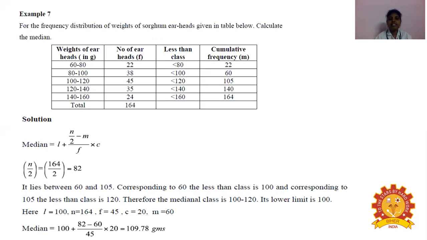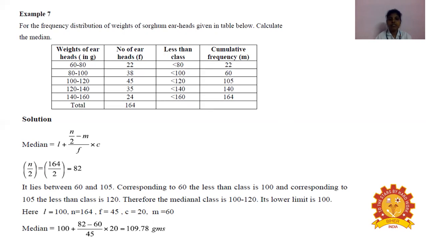Next column is less than class. For the 60 to 80 class interval, it is less than 80. Next interval is less than 100. Next one is less than 120. Next, less than 140. Next, less than 160. Last column, cumulative frequency.